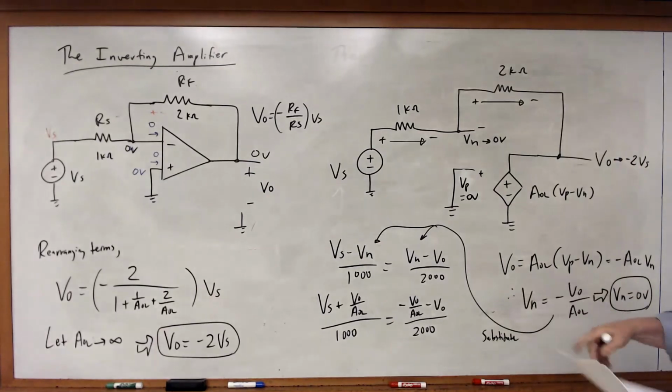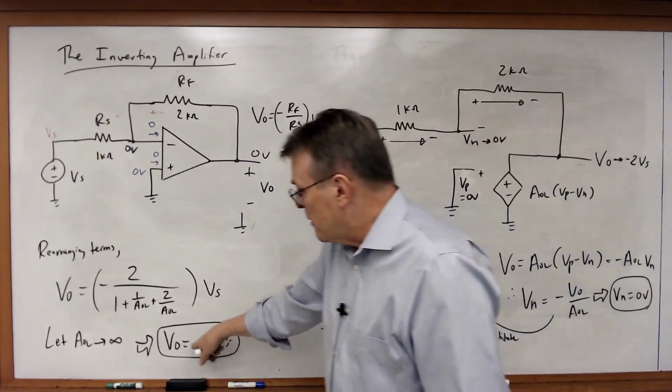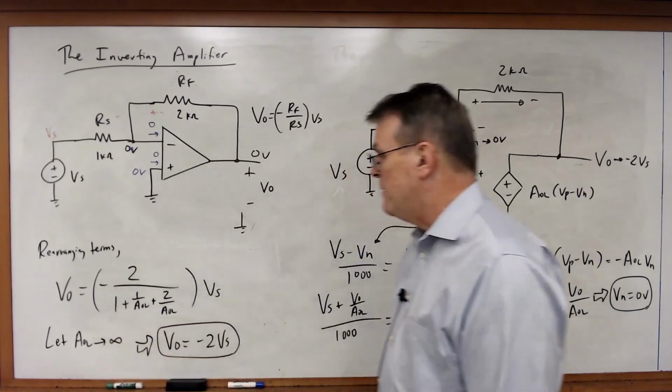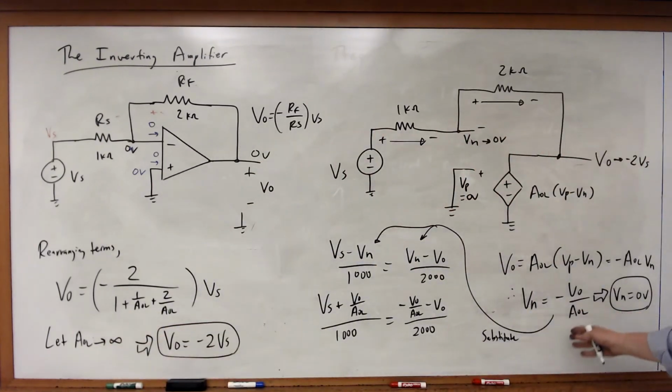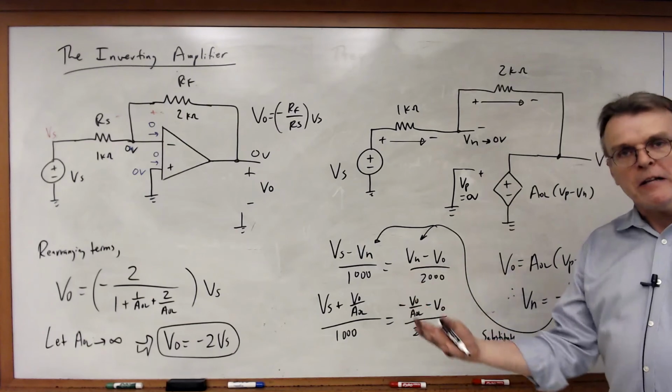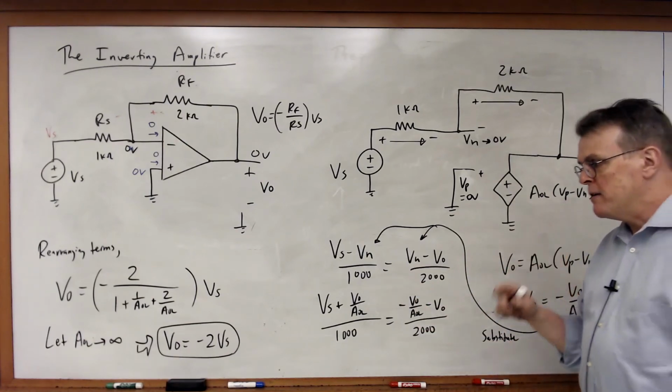All right, now this points something out too. Notice both of these terms occurred because I assumed AOL goes to infinity. Now in real op amps, the open loop gain is not infinite. But what we find is this.